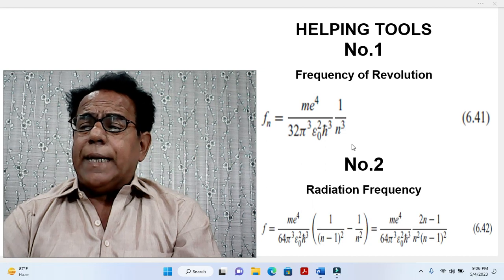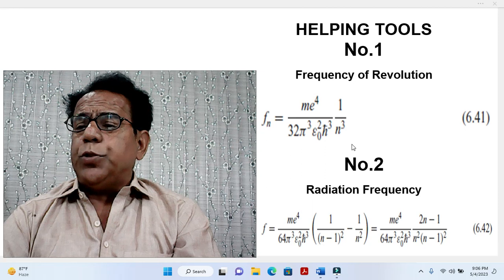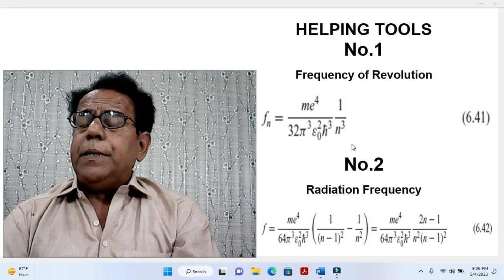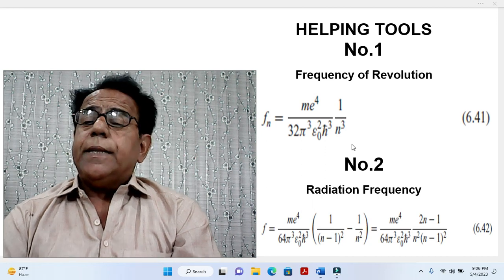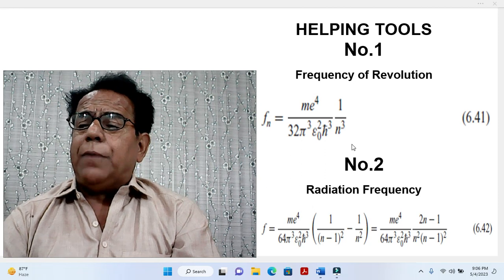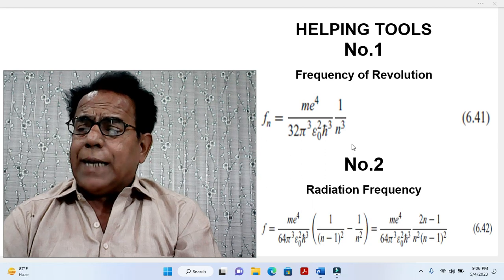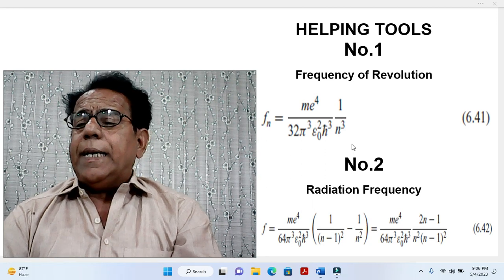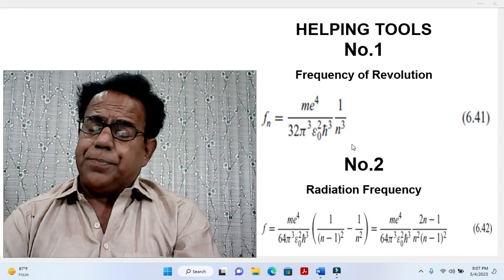Frequency of revolution: Fn is equal to m e raised to the power 4 over 32 pi raised to the power 3 epsilon naught raised to power 2 h bar raised to power 3 and n raised to power 3.